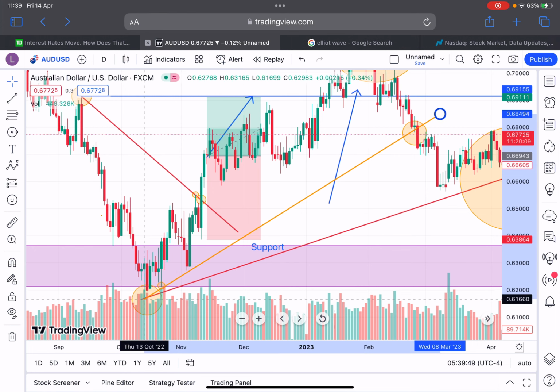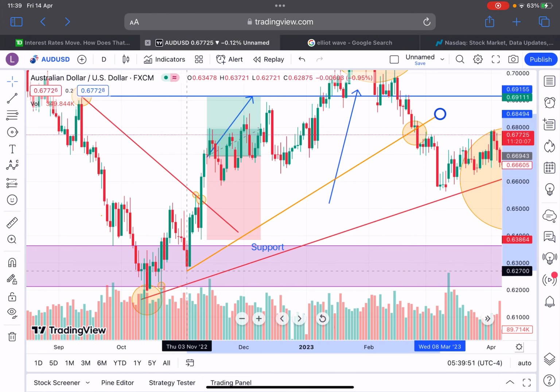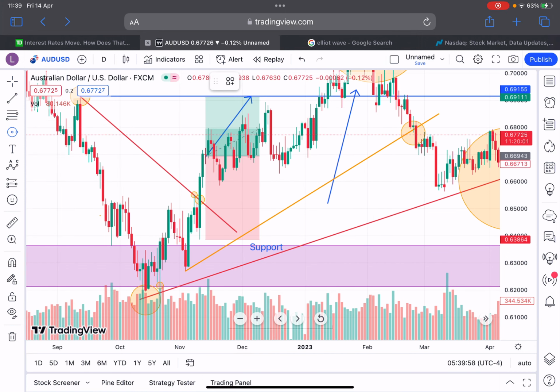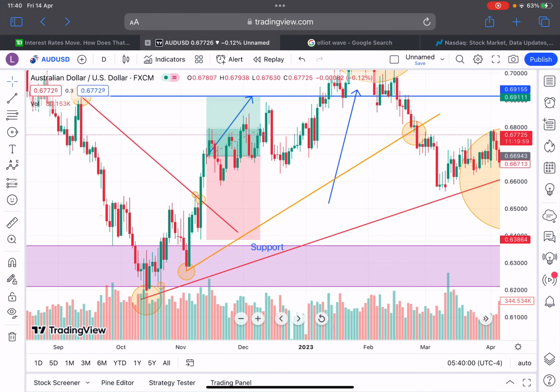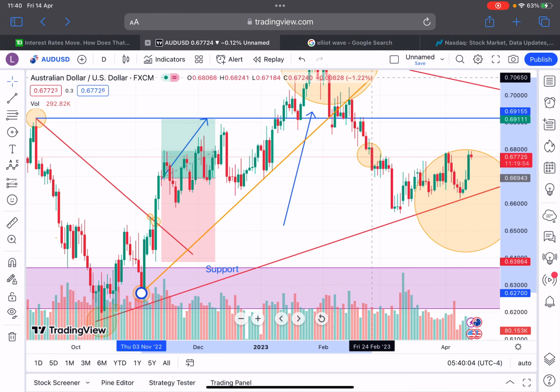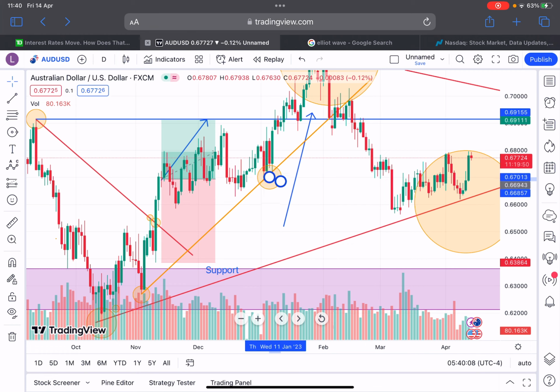So let's try again. Let's use this as our touch 1, and then search for our touch 2. If we used this as our touch 2, then there's no confirmation on our touch 3.